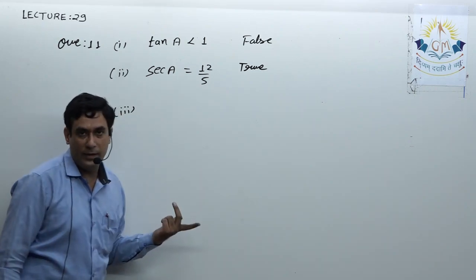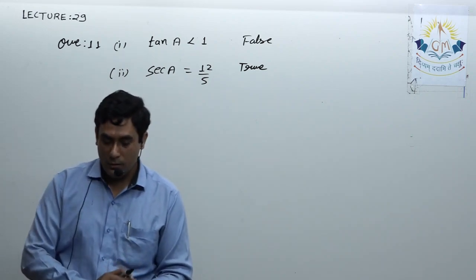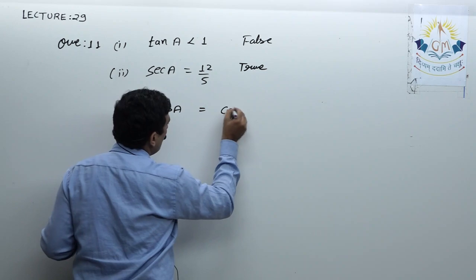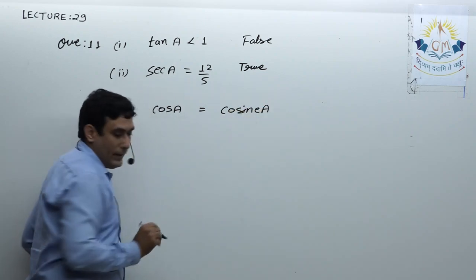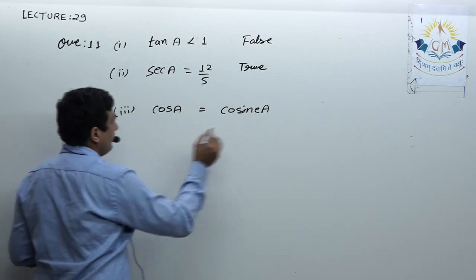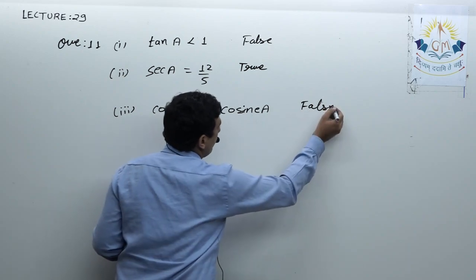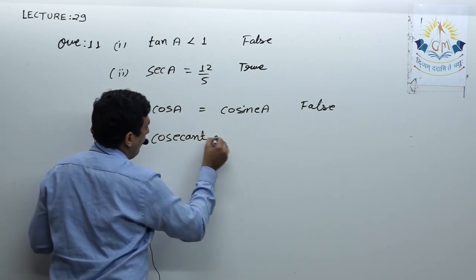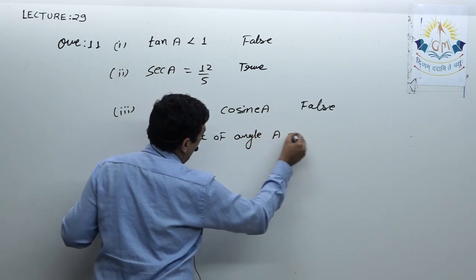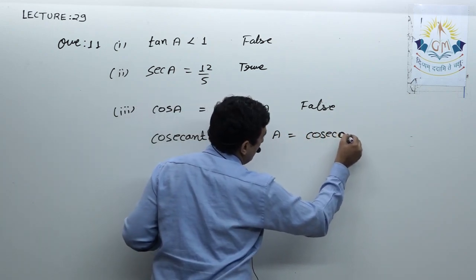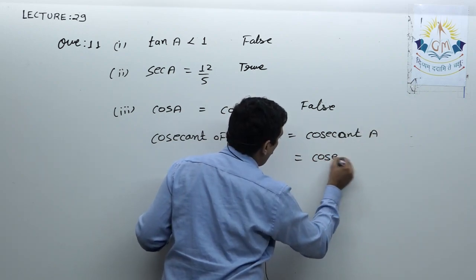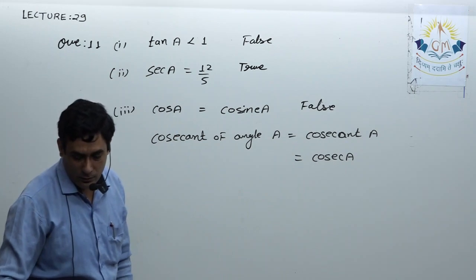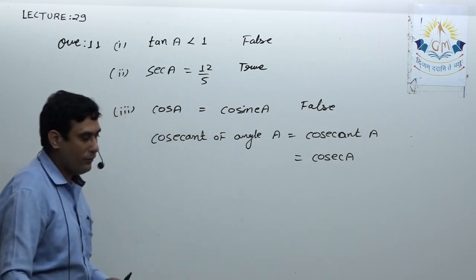Yes, we saw in our first lecture of trigonometry that cos A is actually cosine of A. And over here they are saying it is cosecant of A. So that is false, because cosecant of angle A is actually written as cosec A. So cos A is for cosine A, not for the cosecant A. So statement 3 is false.